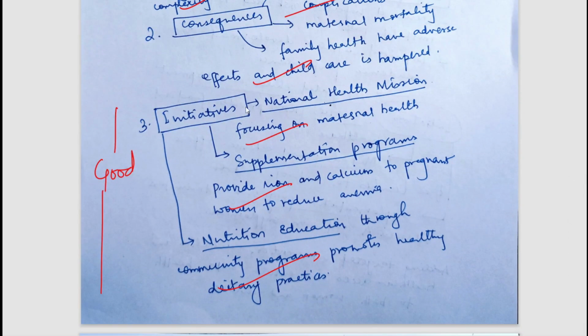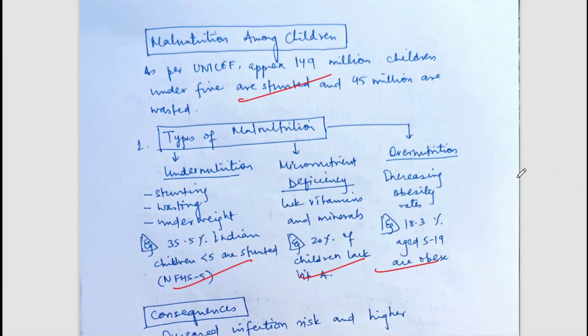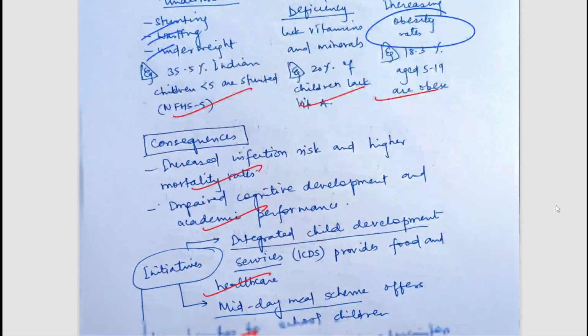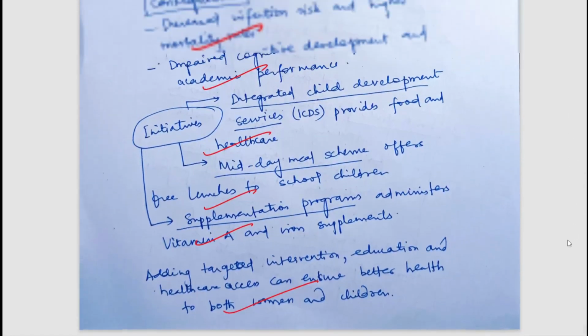Initiatives have also been mentioned, such as the National Health Mission, supplementation programs, and nutrition education should be provided. Similar for children also. The manifestations being wasting, underweight, lack of vitamins and minerals, and obesity has been rising. Consequences have been mentioned, initiatives have been mentioned.